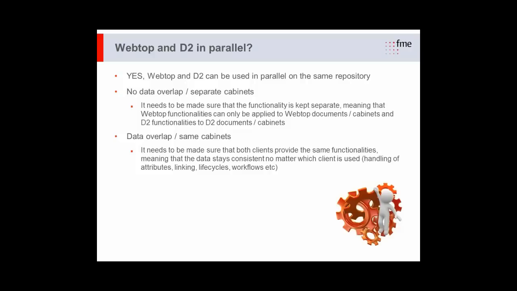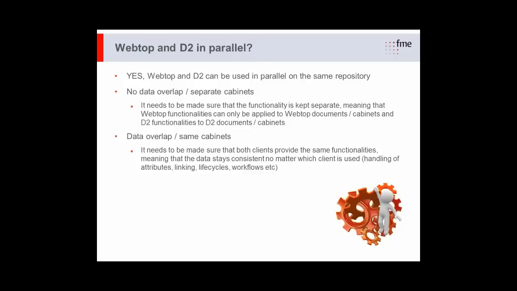The other scenario is that two or more applications use the same cabinets, so you have a data overlap. That means that Webtop and D2 or another client use the same objects, documents, folders, and things like that. And in this case, you have to be sure that all clients have the same functionalities.